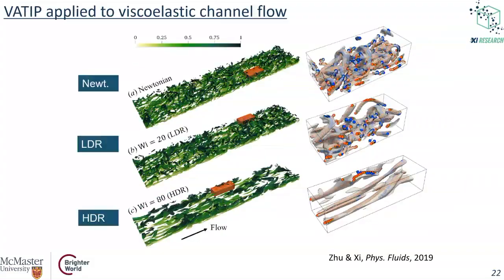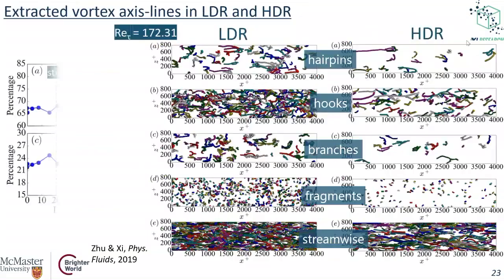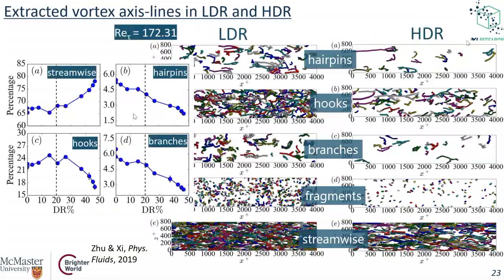So what we did is we applied VTIP to these simulations. You can again see that for different regimes here, Newtonian, LDR, HDR, you can extract all the vortices very reliably from our DNS results. Then we apply the same trick. We can analyze the different types of vortices at different regimes. What we see is that, starting from the Newtonian limit to higher levels of drag reduction, you can see a sharp transition between LDR and HDR.